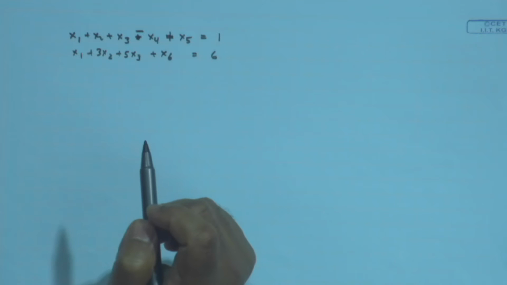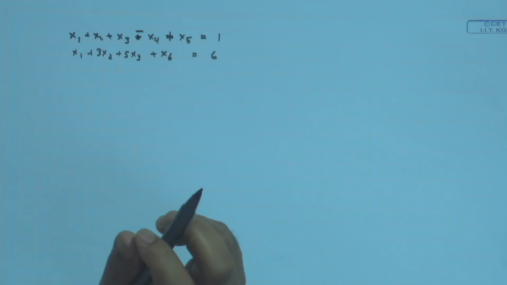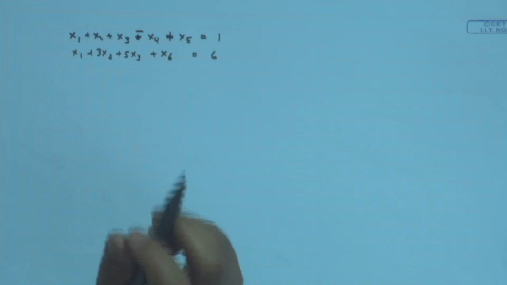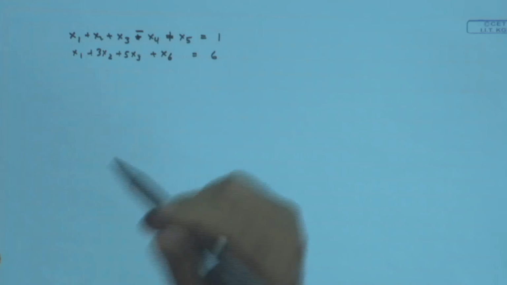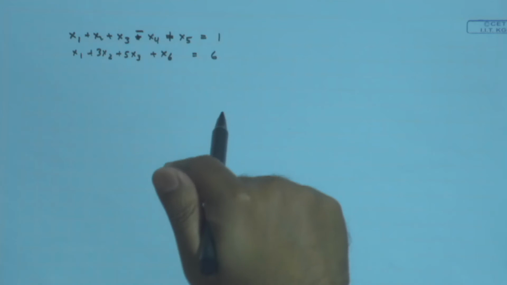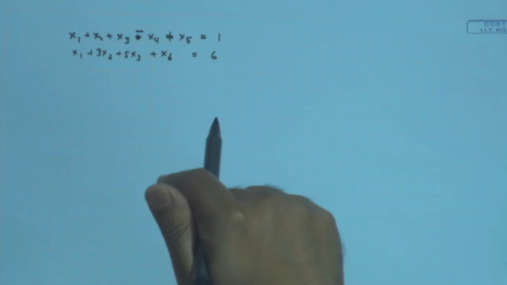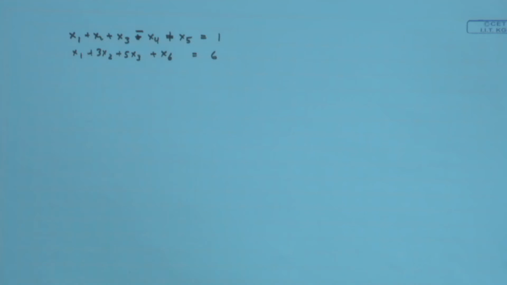Why not x4? You cannot have minus 1 as the coefficient of the basic variable. It has to be plus 1, and that should not be present in the other constraints. So x4 is not an option for a basic variable. That's why we add the artificial variable x5. x5 and x6. Okay, so write down the equation.